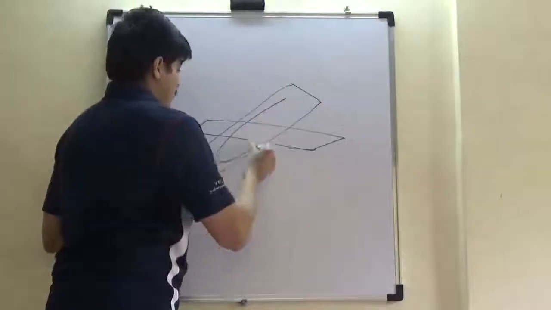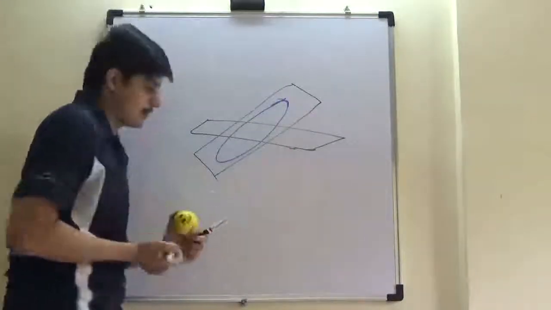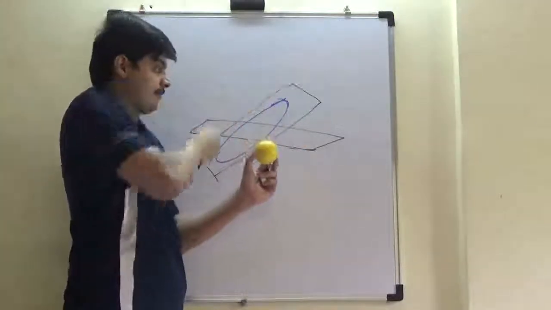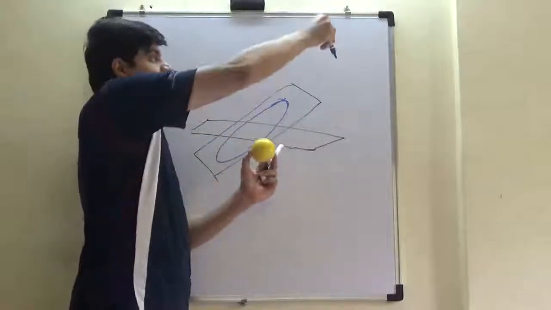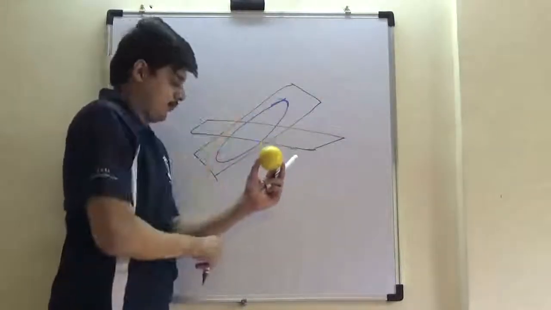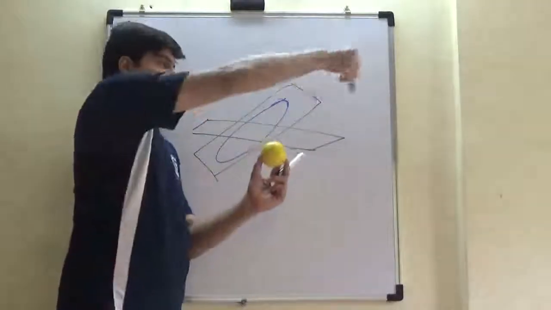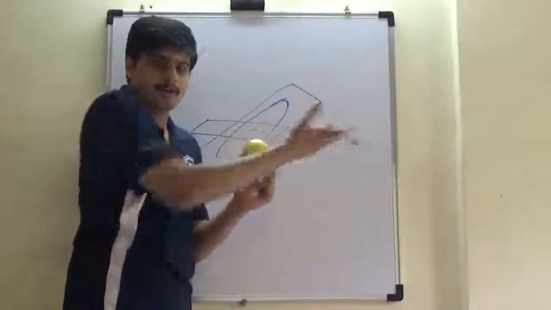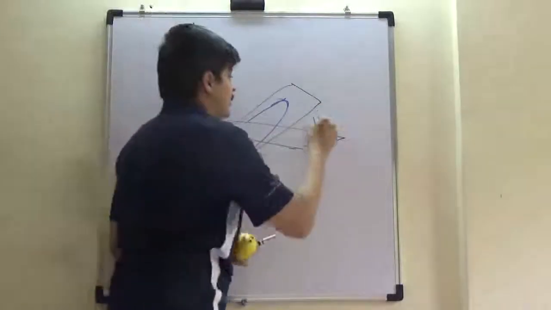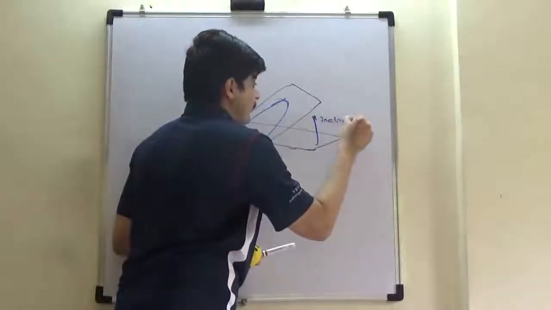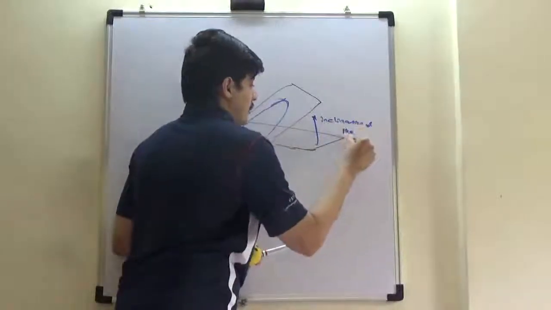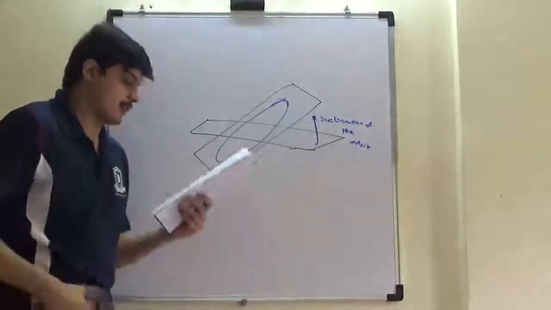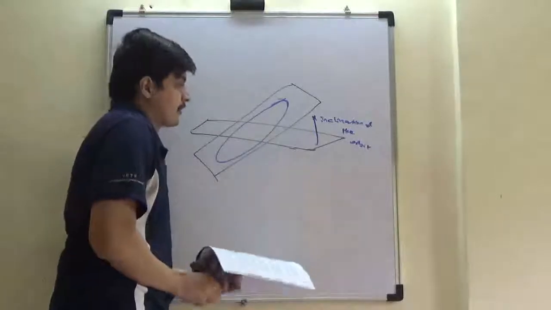A satellite moving in this orbit would move something like this. You see the angles: up at a certain angle, down at a certain angle. It may be circular also, no problem, but it is at an angle with respect to this horizontal plane. This is called the inclination of the orbit. So orbital inclination is a very important concept because it talks about how the relative plane is oriented.